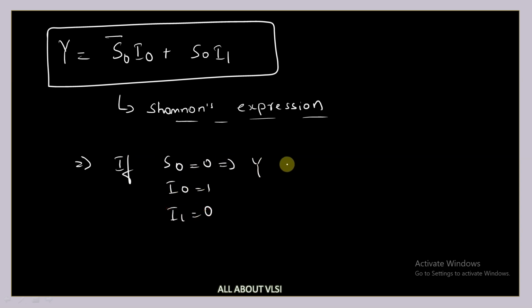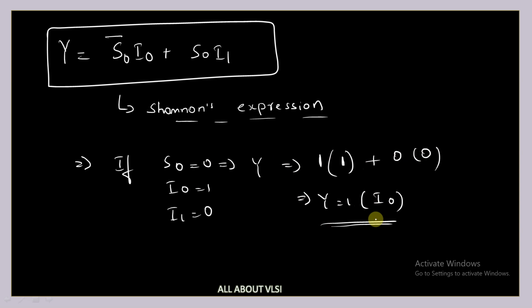Okay, then output Y will be equal to S0 bar, which is nothing but 1, into I0, which is nothing but 1, plus S0 is equal to 0, so it will become 0. Whatever may be the value, Y will be equal to 1, that is nothing but I0. Okay, so this is how using this Shannon's expression we can write it.